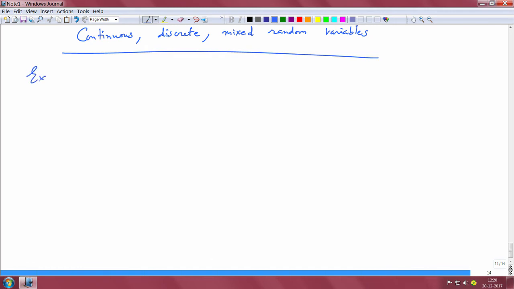So, examples: the Gaussian random variable is one example for a continuous random variable.